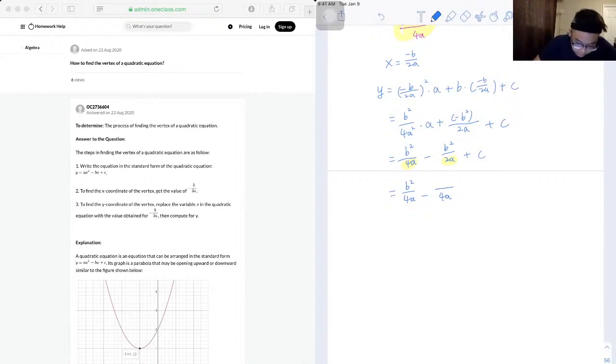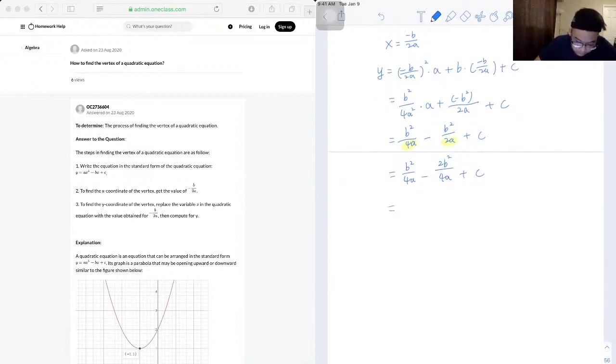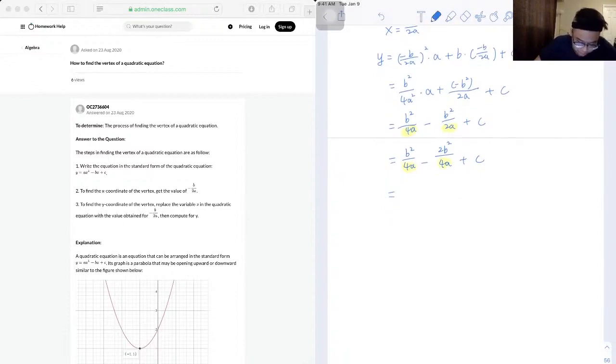So b squared times 2 is 2b squared, and plus c. Now we have 4a for both fractions, so we can do our subtracting. 4a maintains the same, and for the numerator it's just going to be b squared minus 2b squared, and plus c.